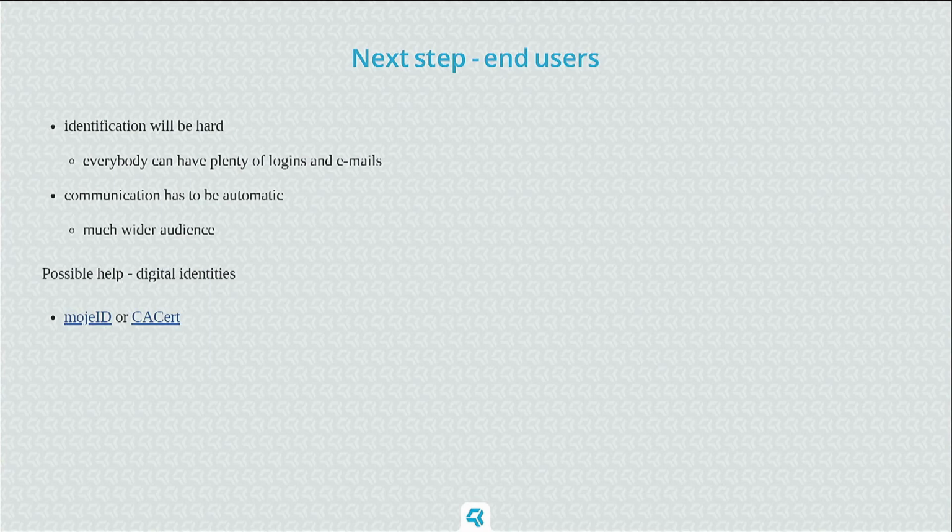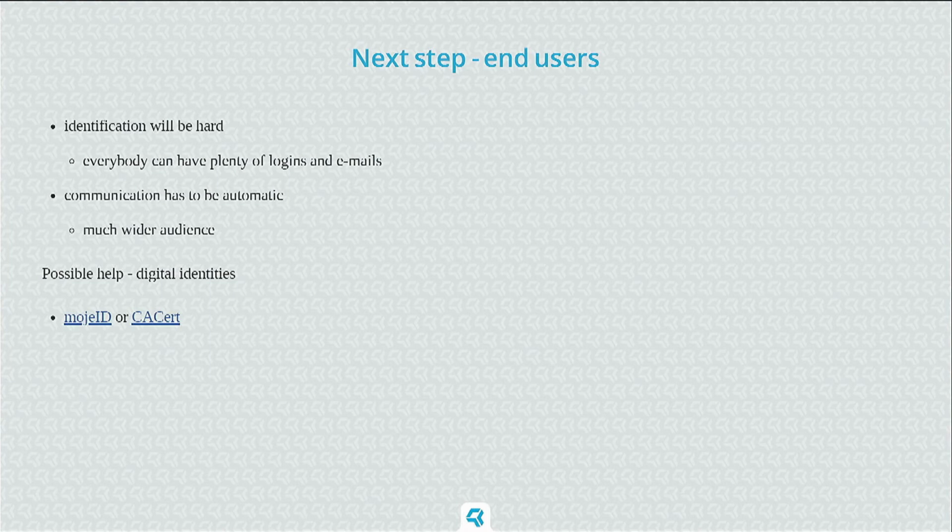We want to do the same thing with end users, but it will be much harder because there are many more of those. So we would have to make this more automatic because of the wider audience, and we will also have to figure out a way to distinguish individuals, because everybody can have hundreds of emails and write hundreds of emails.